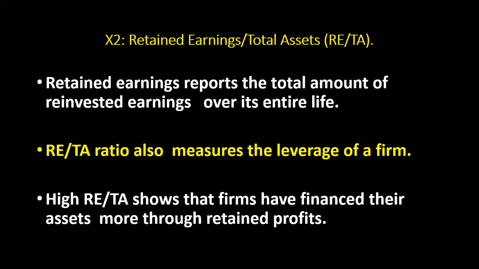So if RE by TA is high, it is a reflection of the fact that the company is using its own internally generated profit to finance its assets. That means the company's dependence on debt is low, and its dependence on equity is high, and equity is high because the retained earnings are high. So a high retained earnings by total assets is a reflection of a fundamentally sound company.